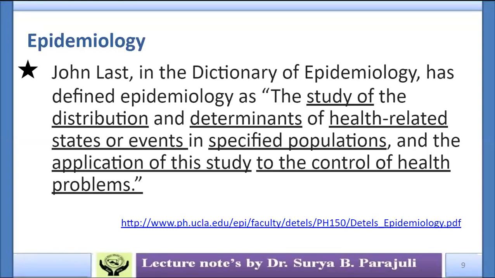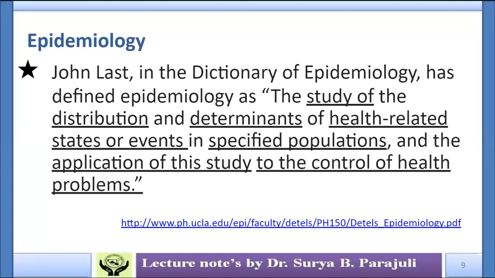And distribution is the second one. In epidemiology, there are only three things. Frequency, I already told you, from your class test question number 1, this is just frequency. Second part is distribution. Third part is determinant. Within distribution, we have three types: distribution according to time, place, and person. Determinants means the third part of epidemiology. The first part is frequency, as per question number 1.